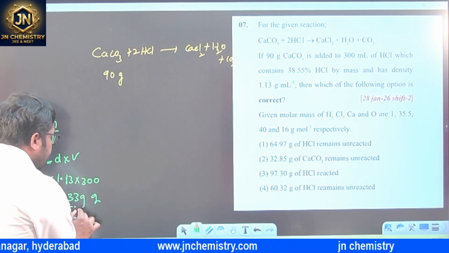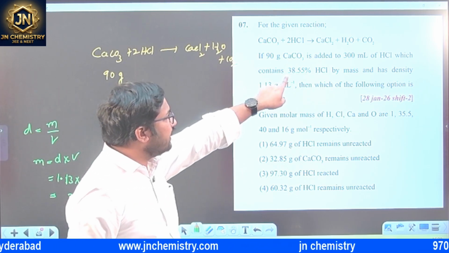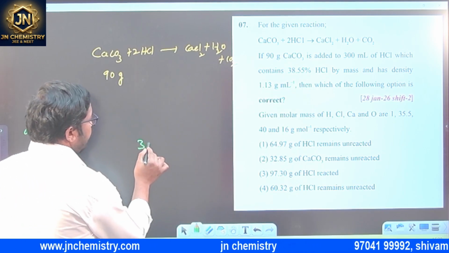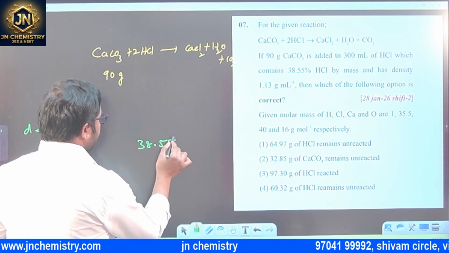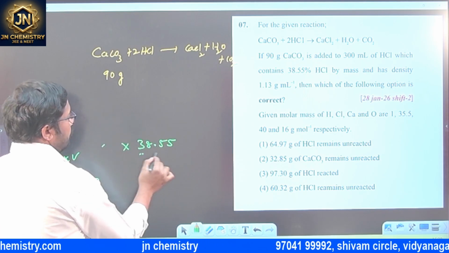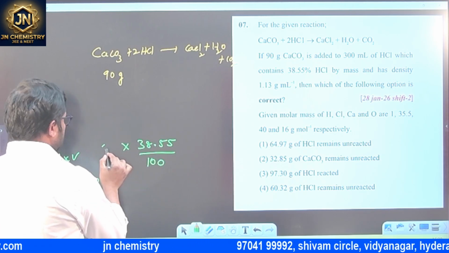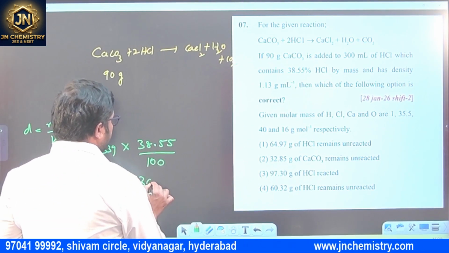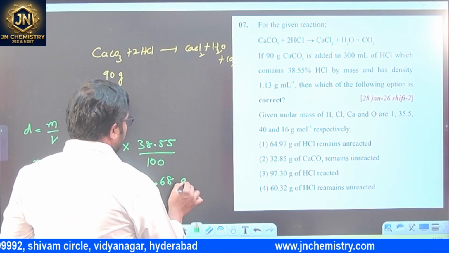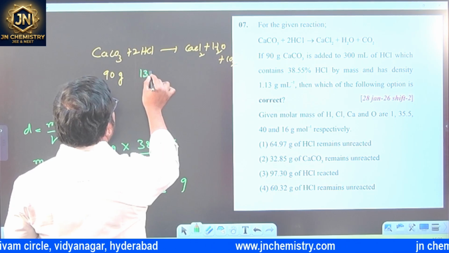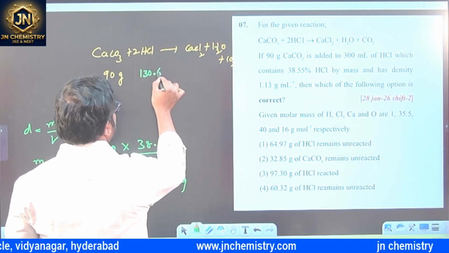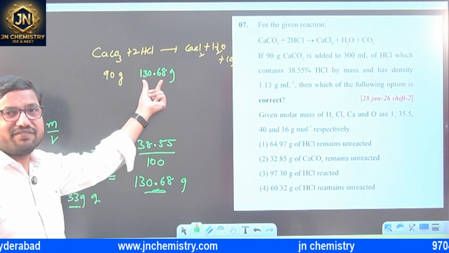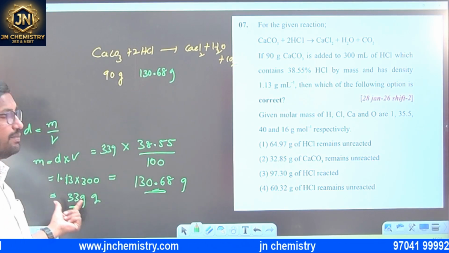Of this 339 grams, we need to take 38.55%, which means 38.55 out of 100 of 339, giving 130.68 grams. To know the weight of HCl, we need to do this much calculation.